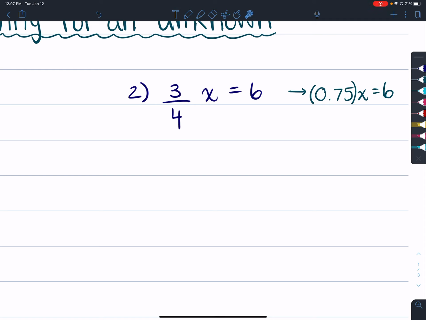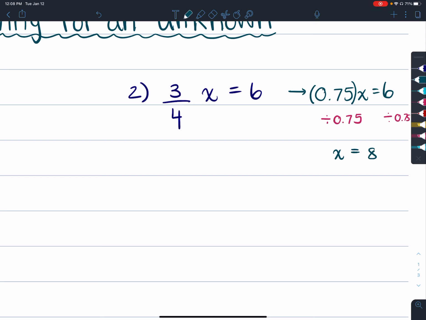In order to undo my multiplication, I need to divide. So if I divide here by 0.75, then I also need to divide here by 0.75. That will give you 6 divided by 0.75, which gives you x equals 8. That's one way to do it.